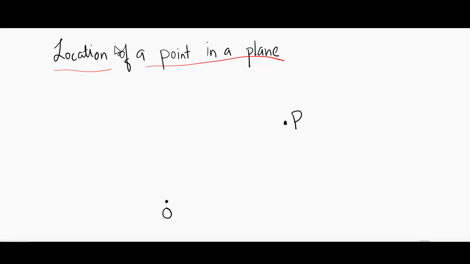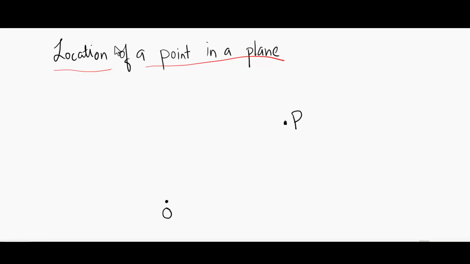Now, why do that? Because you can't just measure the location of a point P in an infinite plane. We're not talking about a finite plane here. We're talking about an infinite plane. In an infinite plane, just measuring the absolute location of a point is just pointless.